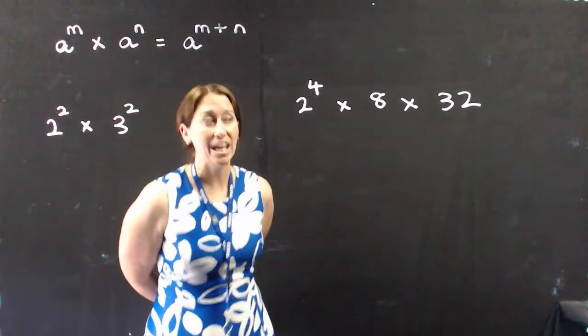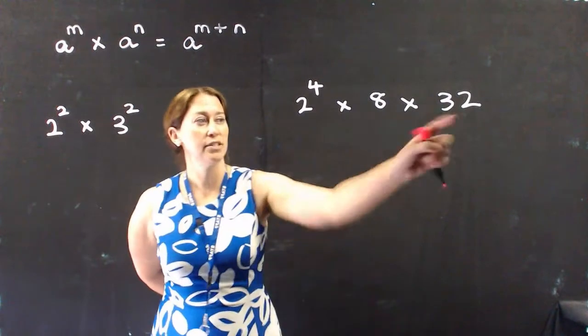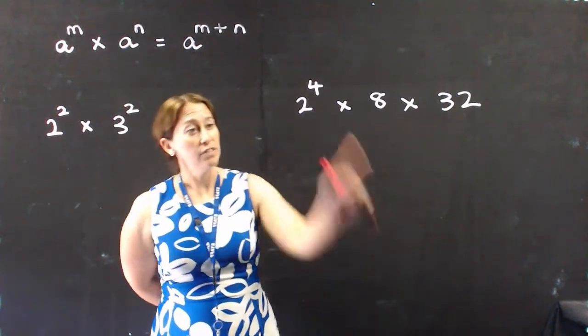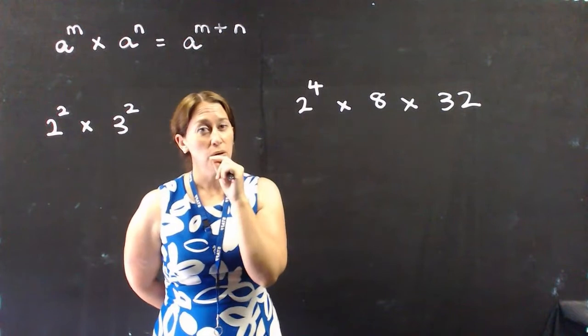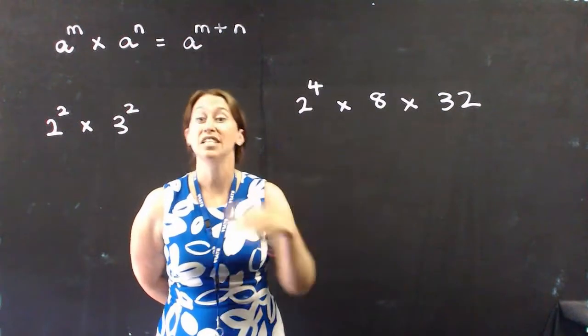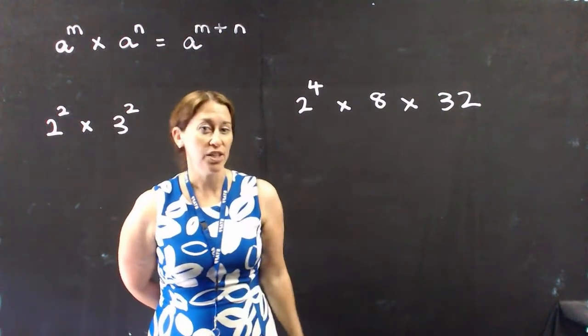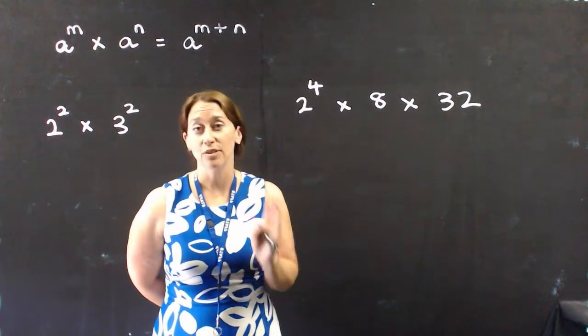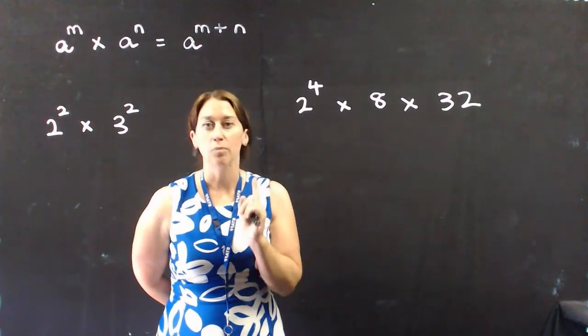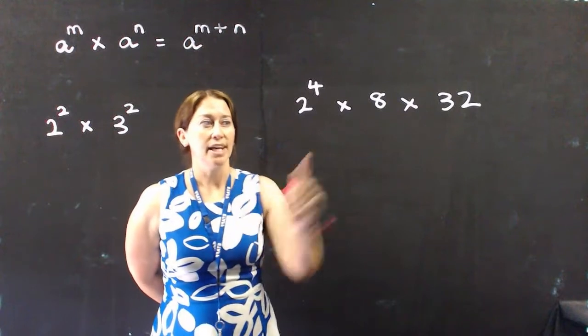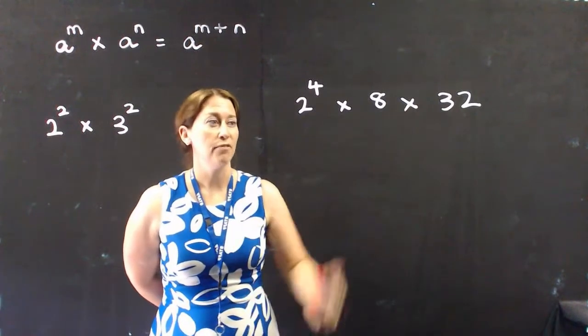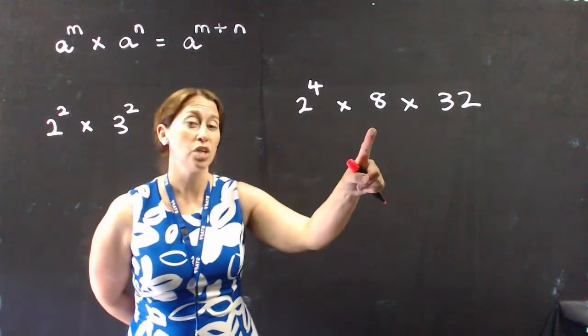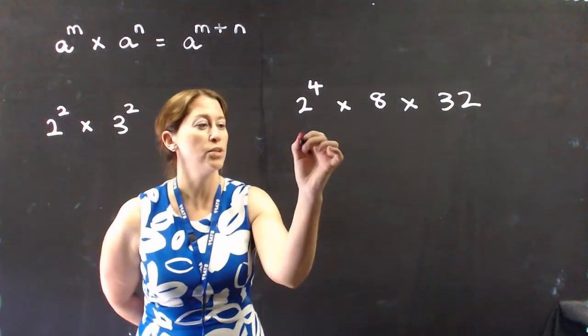However, what we can do is look at the numbers 8 and 32, and we can write 8 in a different way. We're not changing it, we're just going to write it as a base of 2 by thinking about prime factors. You can break any number into its prime factors. 8 can be written as 2 times 2 times 2 or 2 cubed.